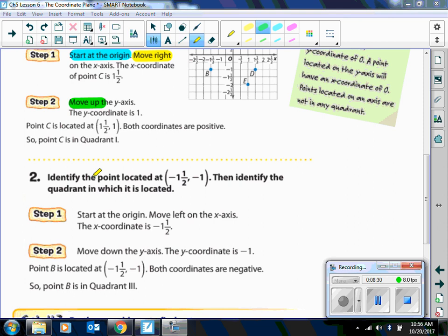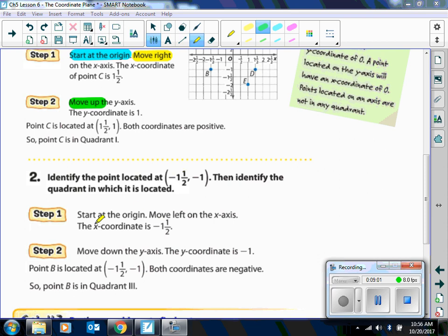So for example 2, we identify the point located at -1 and 1/2, comma, -1. Then we want to also identify the quadrant it's located in. Okay? So if I'm looking at -1.5, comma, -1, which way are we going to move this first one?